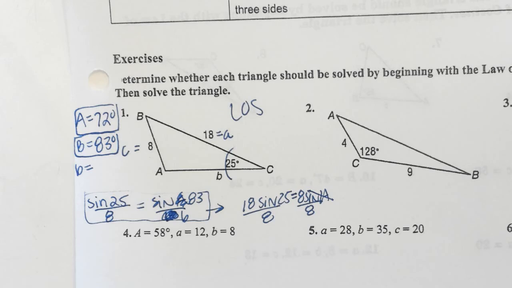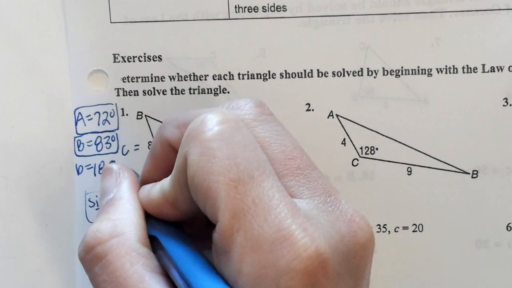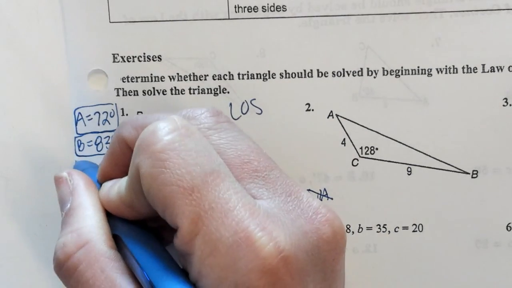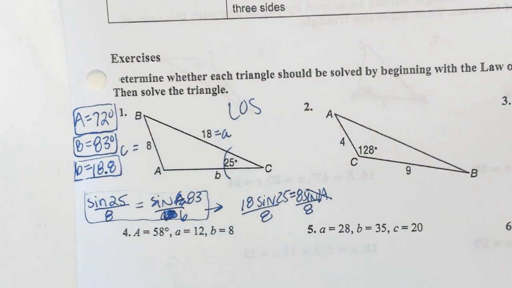What did we get? Very good. Don't forget with sides, round to the nearest tenth. Should have got 18.8. Is there anybody whose calculator didn't give them this? Alright. Any questions about that?